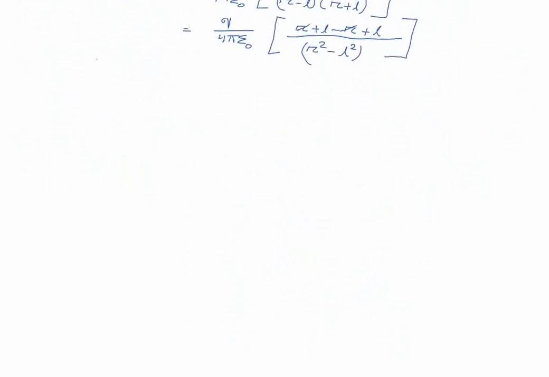So this is equal to Q divided by 4 pi epsilon naught into L plus L, this is 2L, divided by r square minus L square.